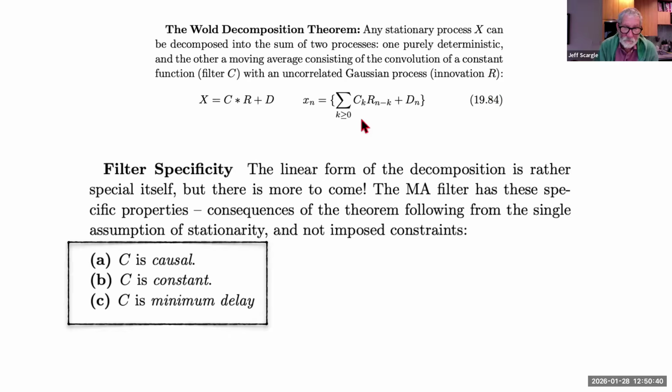There's no response of this filter to inputs before; it only responds by generating something after the input. It's clearly of use in electrical engineering, where that's built into physical causality. C is a constant. It doesn't depend on time. In other words, the shape of the pulses is the same over the whole data interval, and C is a minimum delay. And if you don't know what that is, I'll tell you in a minute.